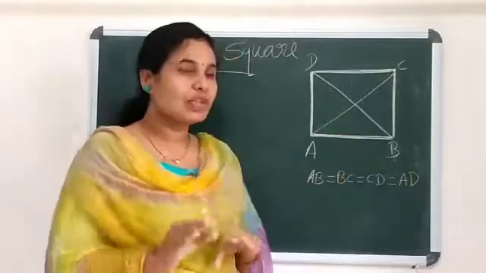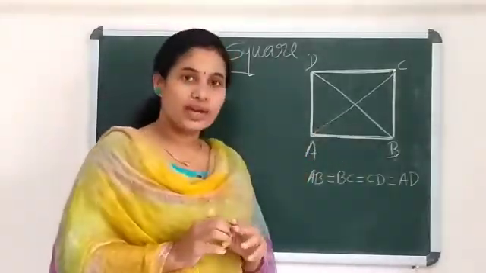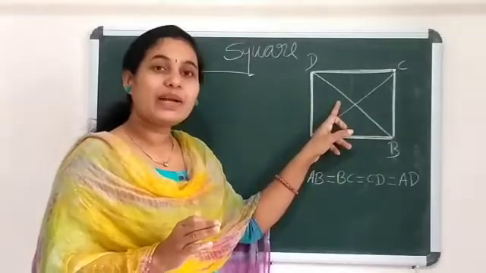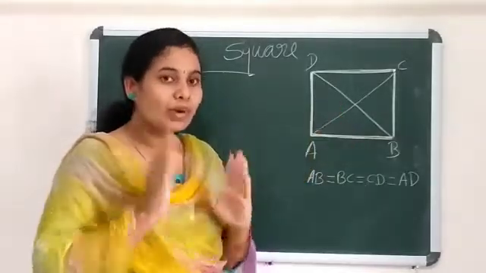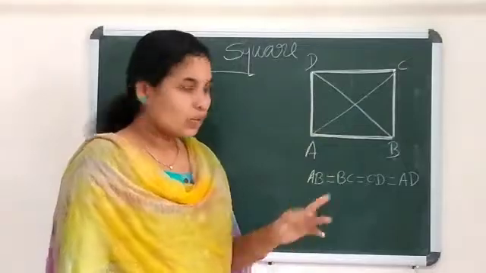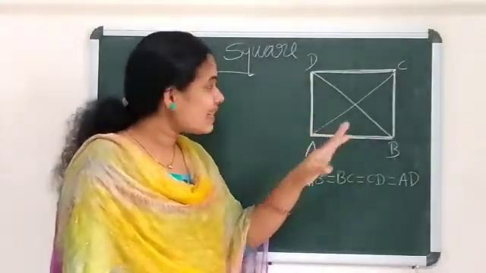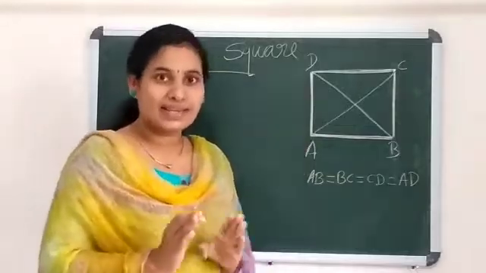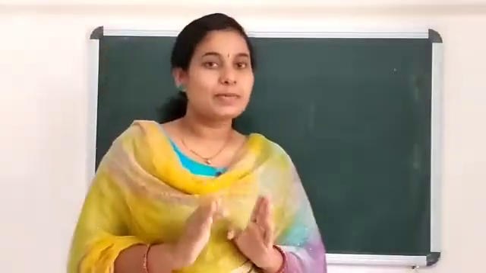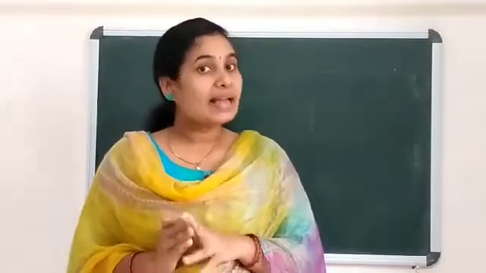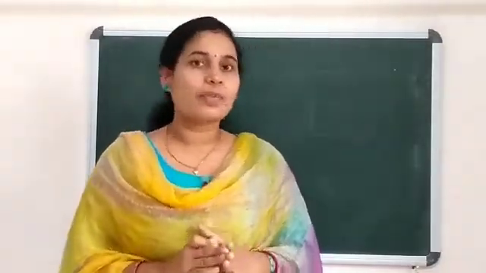Now is there any speciality for the diagonals of a square? The diagonals of a square are perpendicular to each other. That is a very important property of a square. That is, the diagonals are perpendicular bisectors. These are the types of parallelograms. Rhombus, rectangle and square are different types of parallelogram.